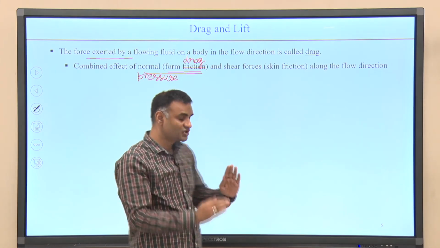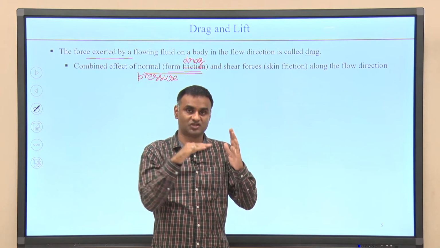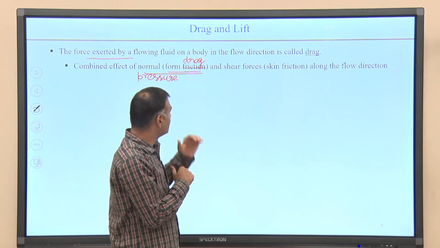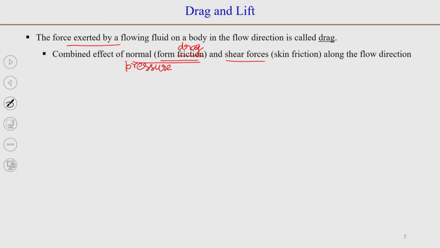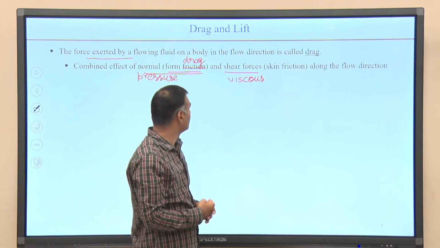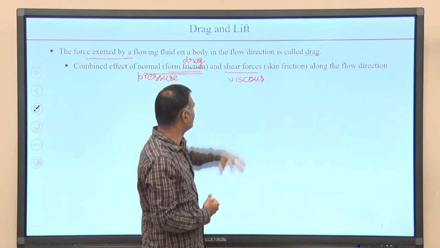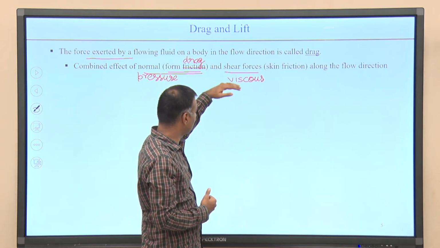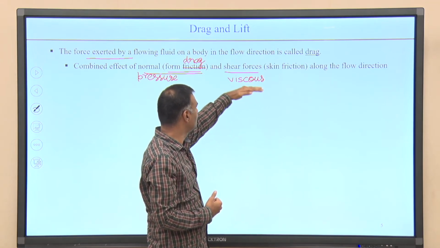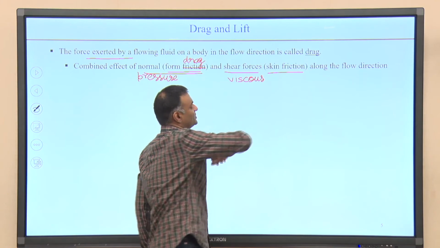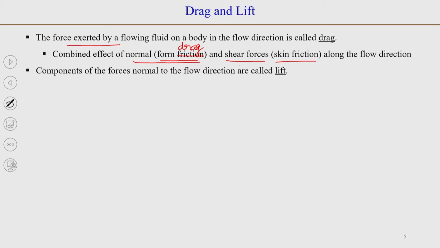So, the form drag is caused by the normal stress, which is generally the pressure, and the drag caused by viscous forces is called shear force. So, the tangential forces which are caused by viscosity or viscous forces, they are called skin drag or skin friction.